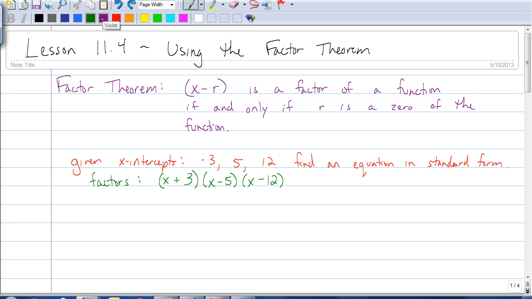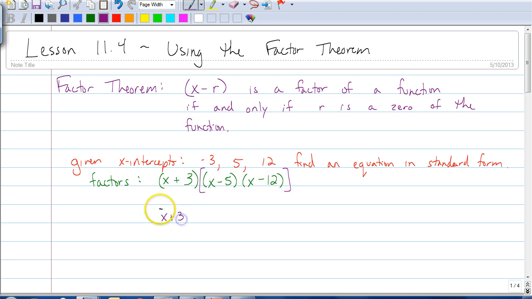Okay, once I know the factors, now I'm going to do the opposite of what I did yesterday: I'm going to multiply these together. We can multiply these in any order. I could multiply the first two terms and then take that answer times x minus 12, or I could multiply the last two terms together and then take x plus 3 times that polynomial. That's what I'm going to do here, so I can't forget about this x plus 3.